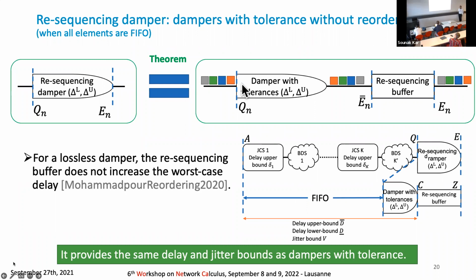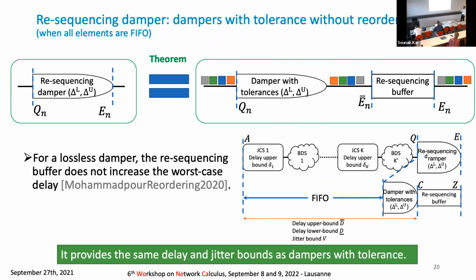We have shown in another paper of ours that the resequencing buffer is free in terms of delay bound. So if the damper is lossless, then adding a resequencing buffer to correct the reordering that happens here does not increase the worst-case delay and jitter.